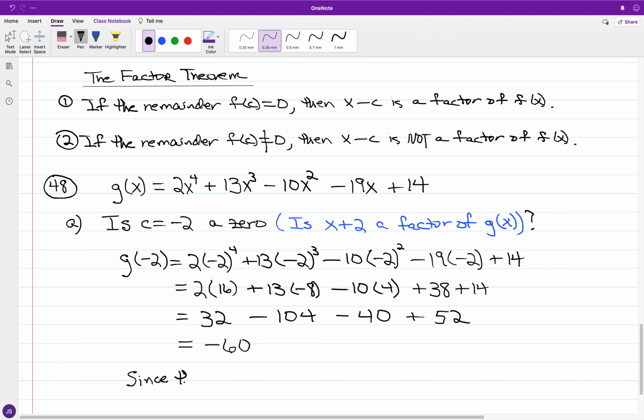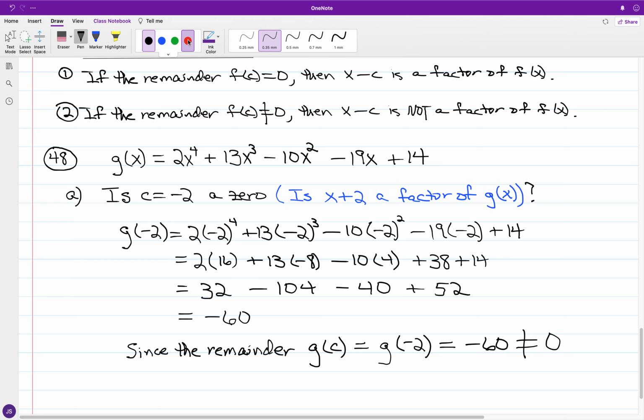Since the remainder g of c, which is g of -2, is equal to -60, this does not equal 0.